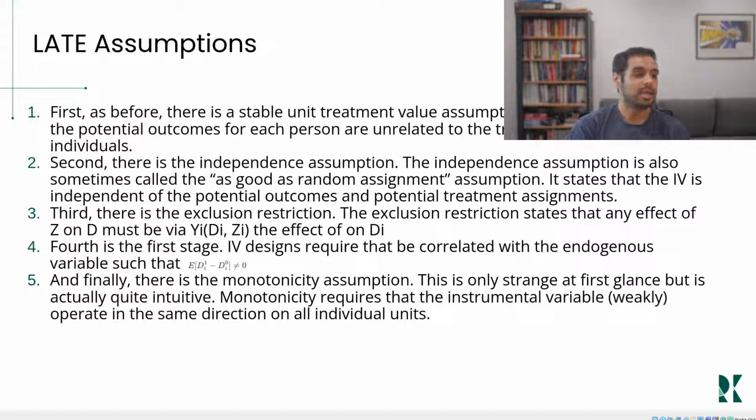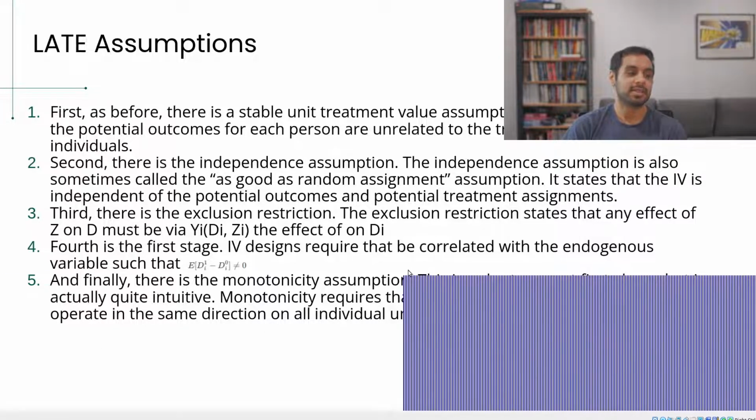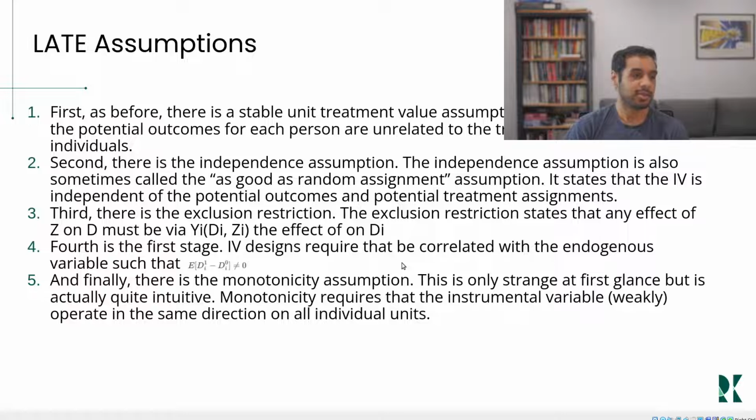In this case, the assumption here is the instrumental variable operates weakly in the same direction as all individual units. Let me go back. So I guess the idea here would be, I'm totally making this up, and it's a little bit of a macabre example, but it's in the textbook, so I'm going to use it.